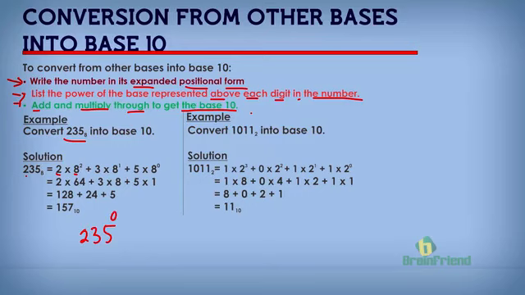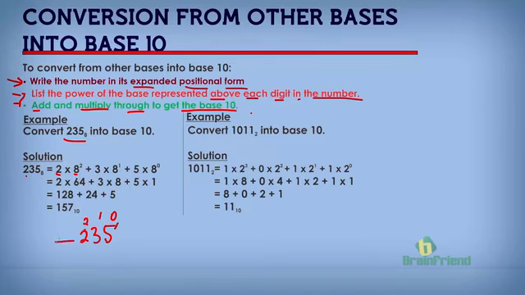In positional form, this 5 occupies the 0 position, 3 occupies the 1 position, and our 2 here represents the 2 position.